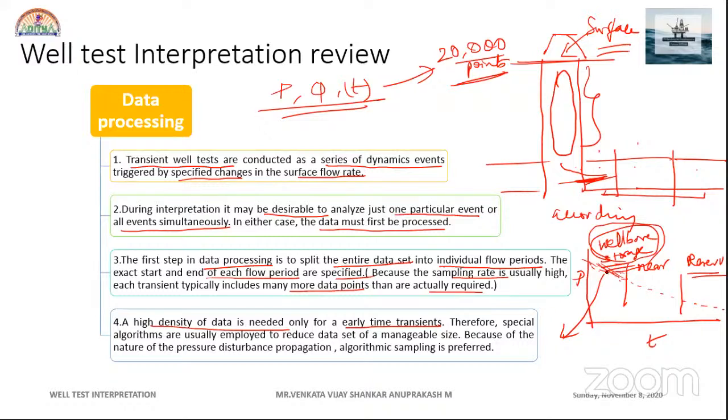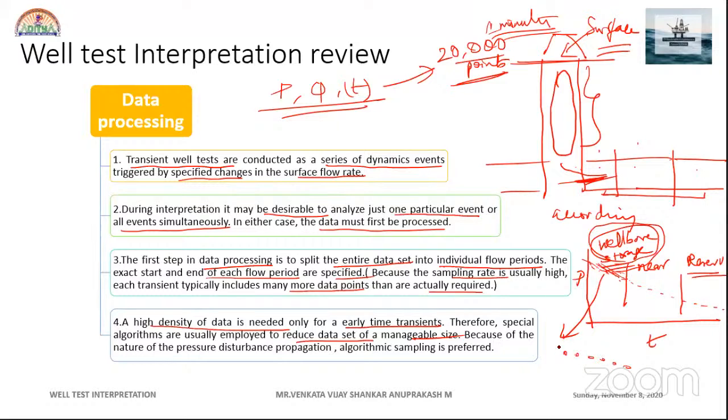So for that we have different algorithms to reduce the data set to a manageable size. As I told you, you have multiple data points, it may be for 1 minute or for a certain period of time, it has been recorded. Out of that, we are picking only chunks which are managed, which are required for us.